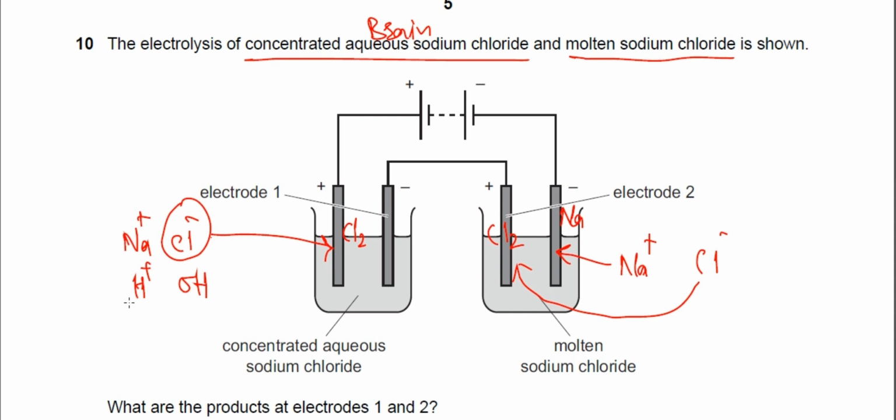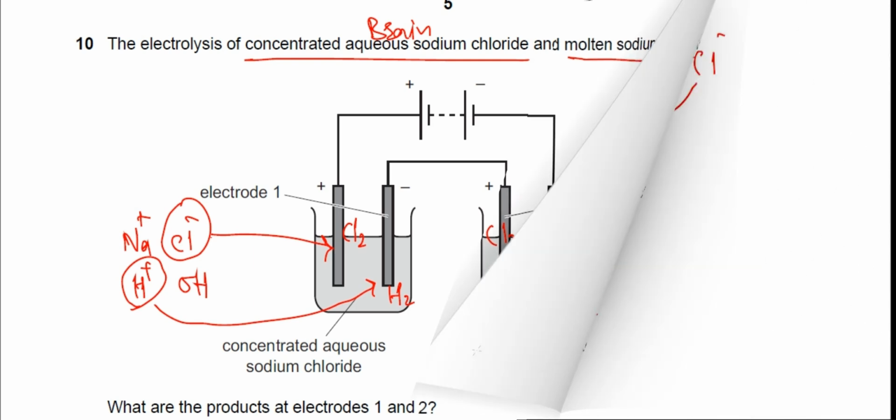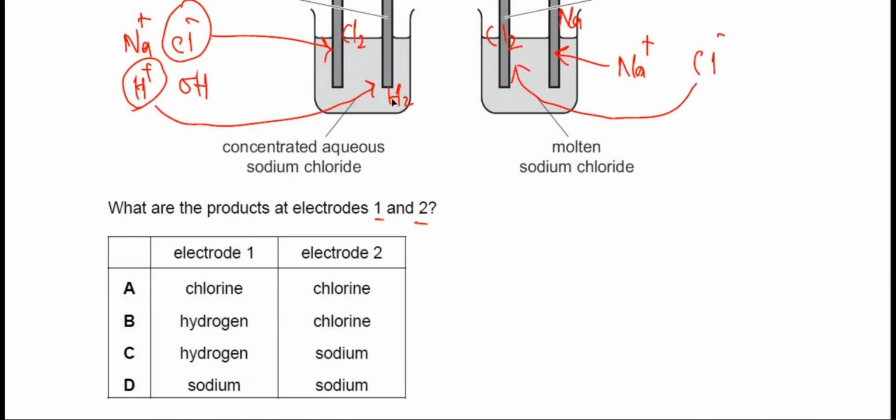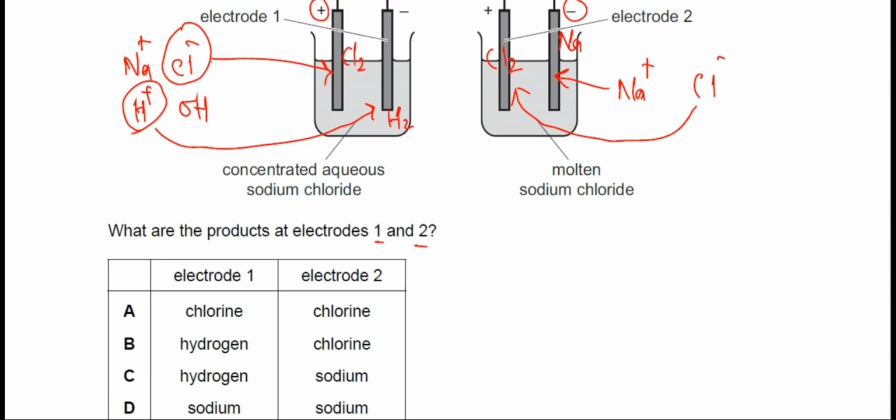But instead of sodium, the hydrogen ion has a greater reduction potential, so it will be reduced here, giving us hydrogen gas at the cathode. Understood? So now see the question. Keeping all this information, we can say hydrogen is produced at electrode 1, and chlorine is produced at electrode 2.